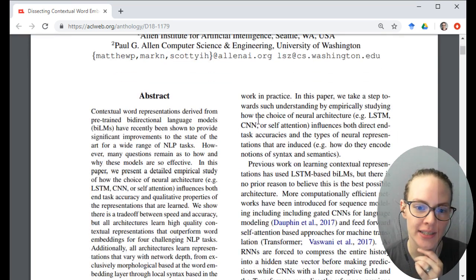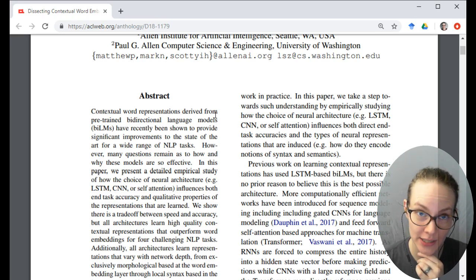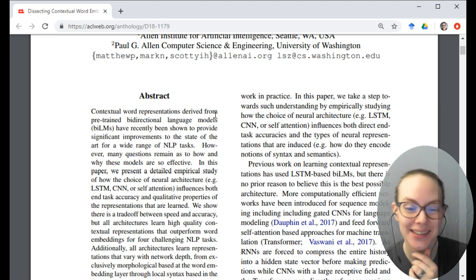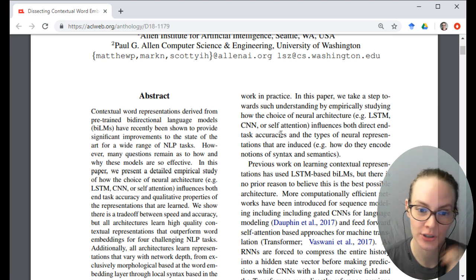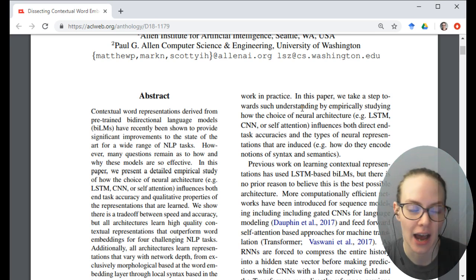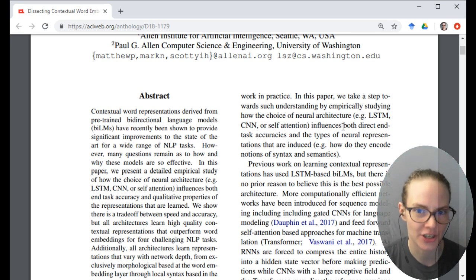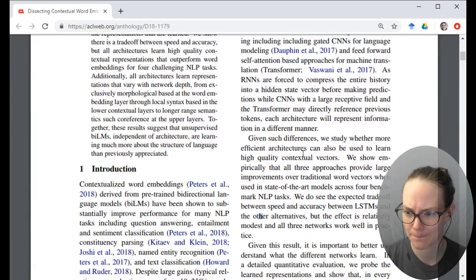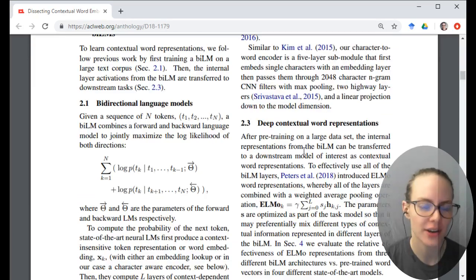And they also did a gated convolutional neural network, and we talked a little bit about that 3 weeks ago. And then also self-attention, which is transformer models. And we've talked about transformers quite a lot on the channel. We've read quite a few transformer papers at this point. I think this is the 3rd or 4th one.